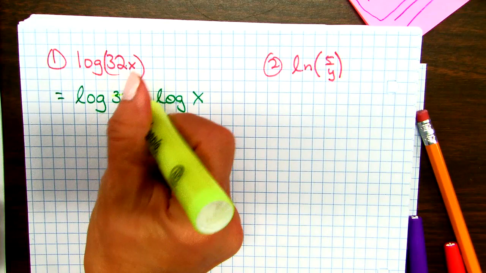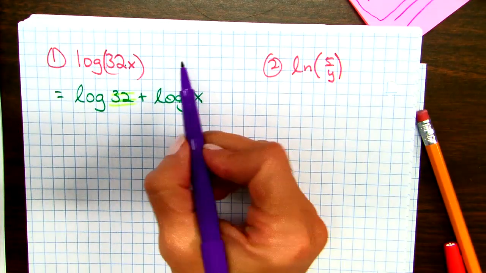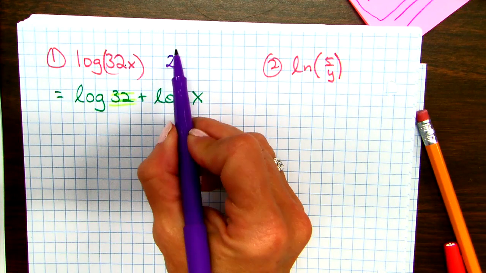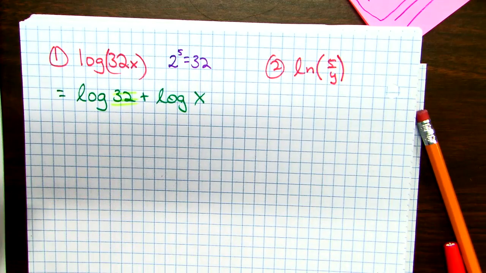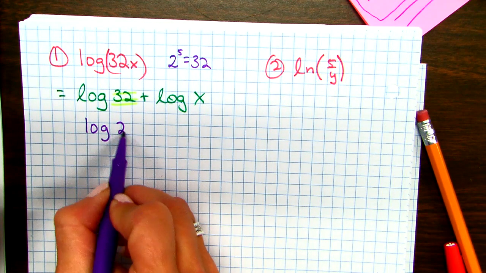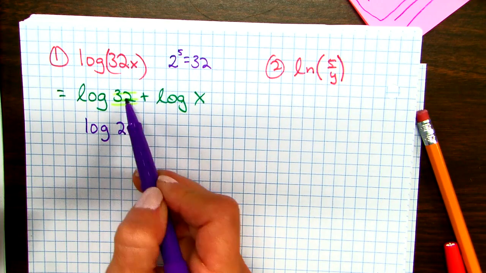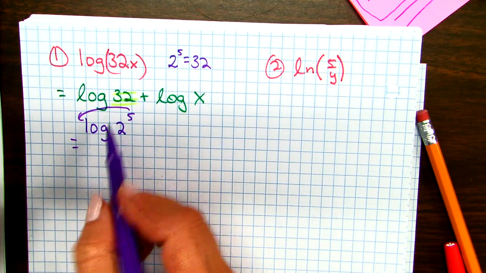In this case, there's only one, to see if it can be simplified. And we've seen it so many times already in this class. 2 to the 5th is 32. I would just memorize that because it comes up a lot. So that's log of 2 to the 5th power. So 32 is 2 to the 5th power. Bring it to the front.